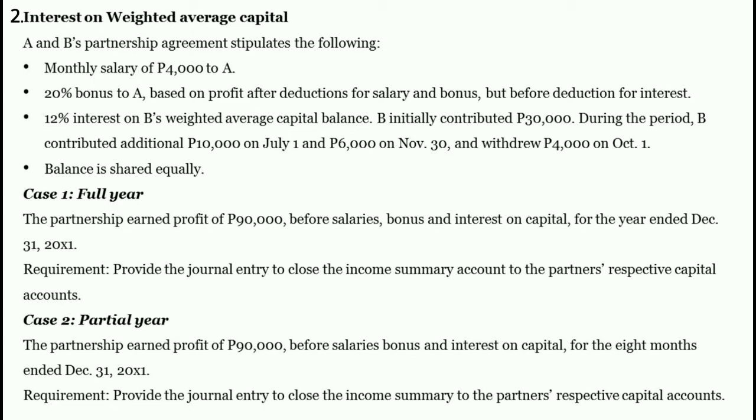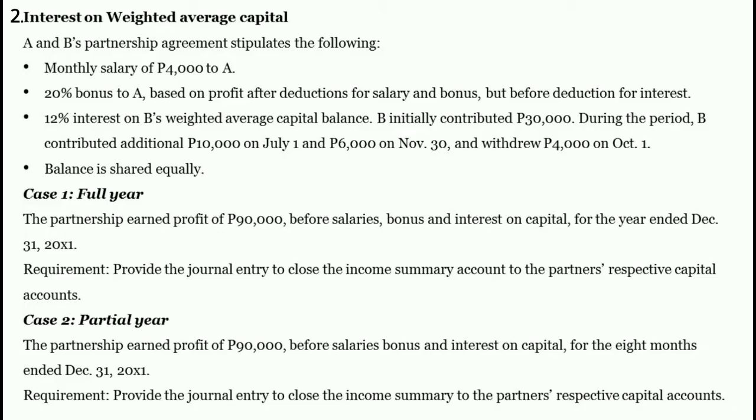Case 1, full year. The partnership earned profit of 90,000 pesos before salaries, bonus, and interest on capital for the year ended December 31, 20x1. Requirement: provide the journal entry to close the income summary account to the partners' respective capital accounts.